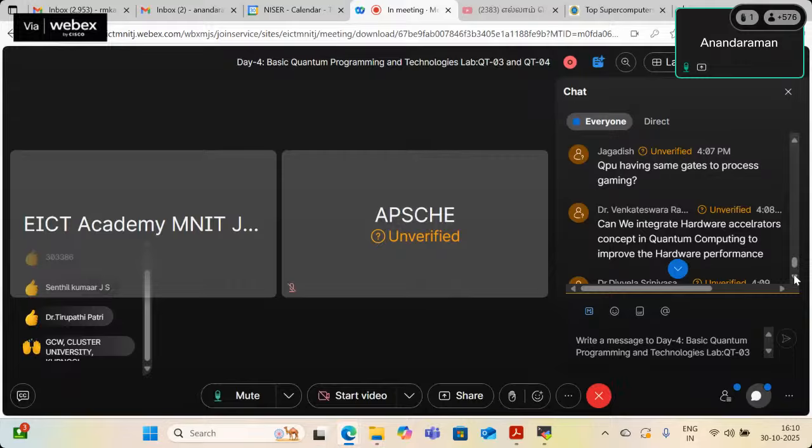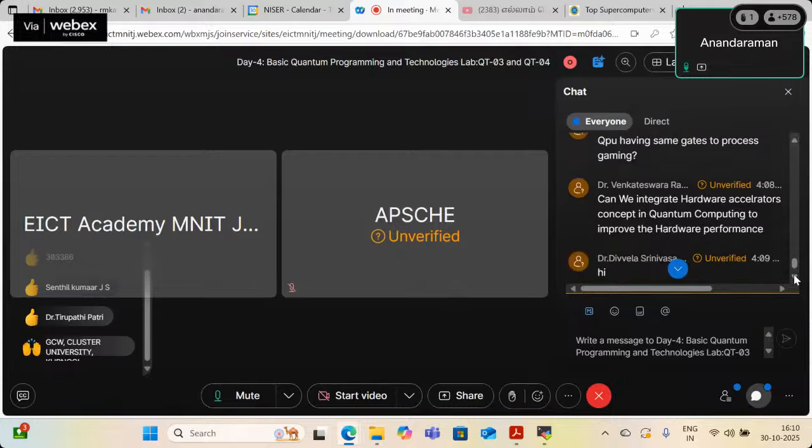There only we will apply it, but for other tasks, existing computers are well and good. For gaming, wherever parallelism is needed you can do that, but for gaming, I don't know. Hardware accelerators: the QPU itself is an accelerator for HPC.